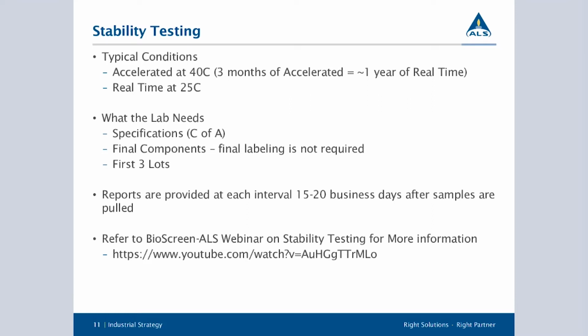We get reports out at each interval about 15 to 20 days after the pull point. We also did a full webinar on stability recently, and I threw the link on there for you if anyone wants to look at that.